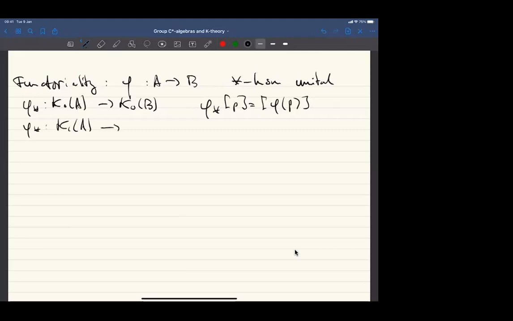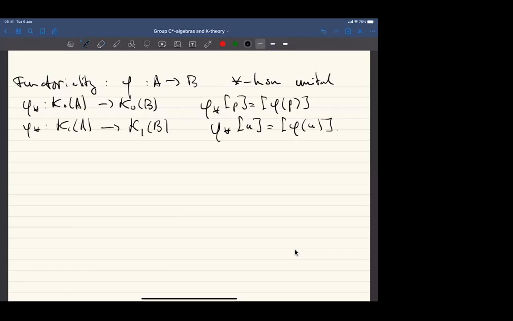Just push forward. And then you get a unitary again, or a projection.